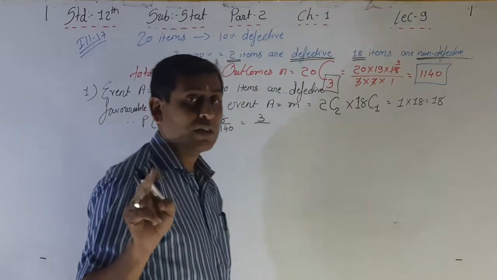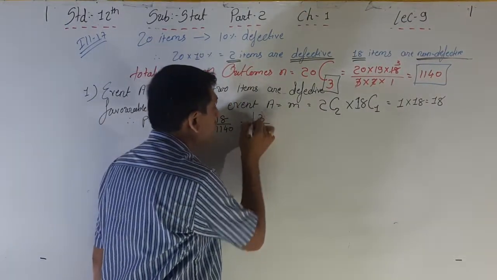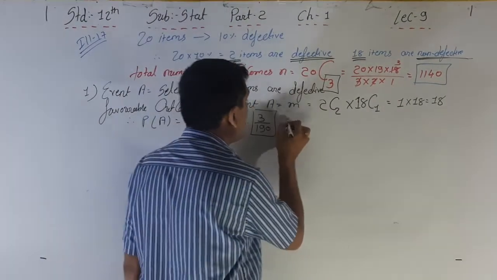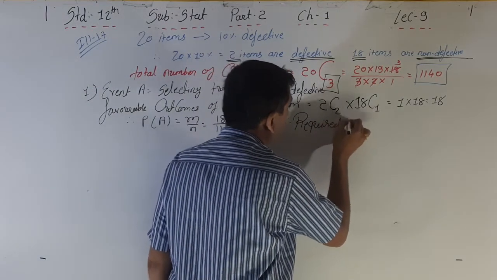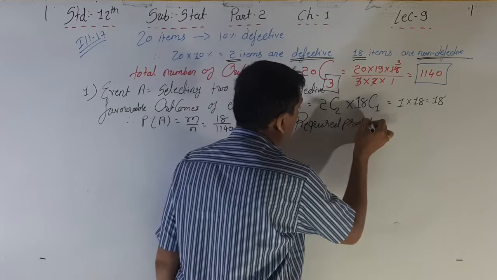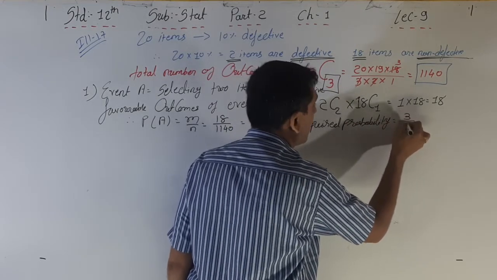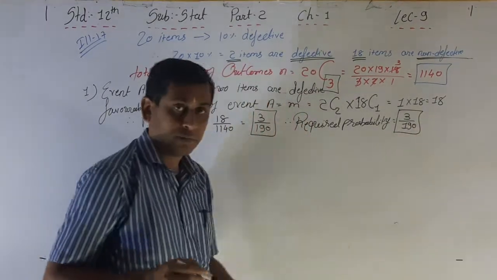That's why 3 by 190 is your final answer. Therefore, the required probability is equal to 3 by 190. Final.